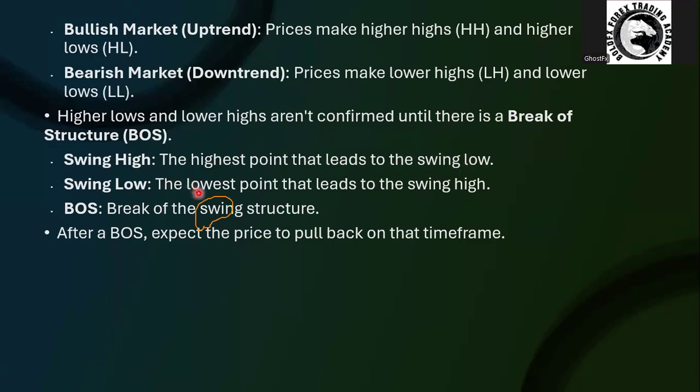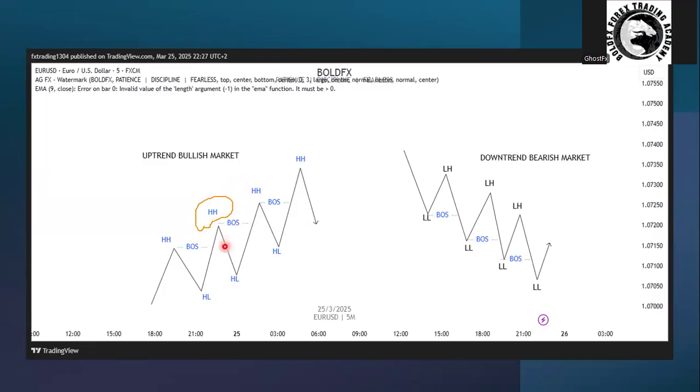And a swing low is the lowest point that leads to a swing high, right? As you can see, this swing high led to a swing low followed by a swing high.